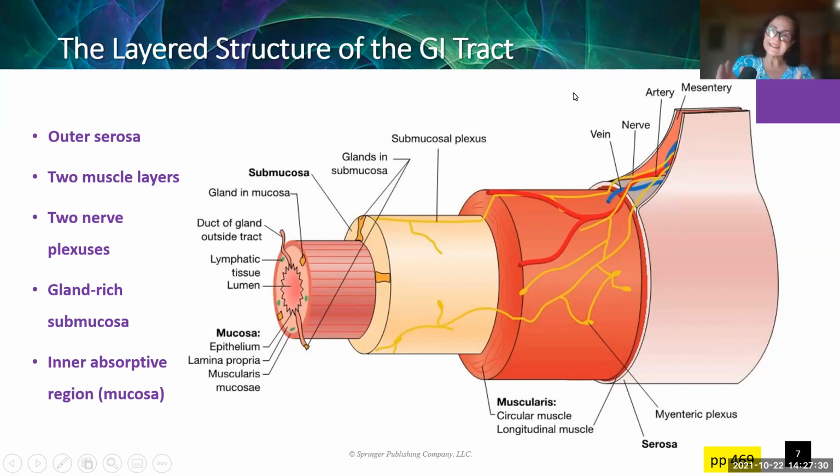This is just like, remember around the lungs, we said there was this pleura, and around the heart, we said there was pericardium. Around the digestive tract, we have serosa. It's all the same stuff. It's all epithelial tissue. And it's there to secrete a little bit of fluid to allow easy movement without a lot of friction every time the digestive system moves, which it does.